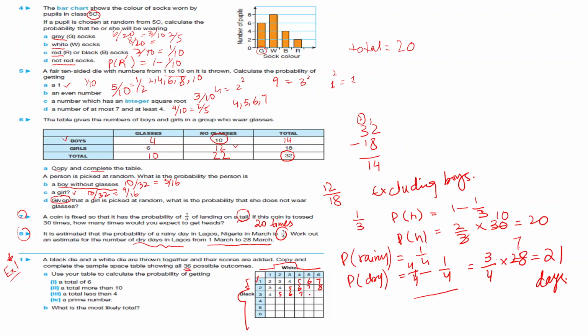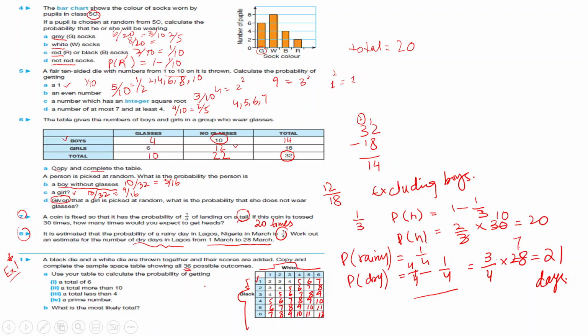Then 5, 6, 7, 8, 9, 10, and 6, 7, 8, 9, 10, 11, and 7, 8, 9, 10, 11, 12. So these are all the possibilities you can have.